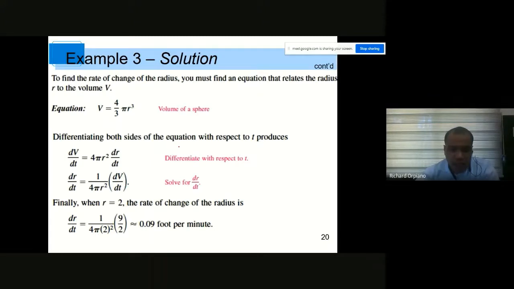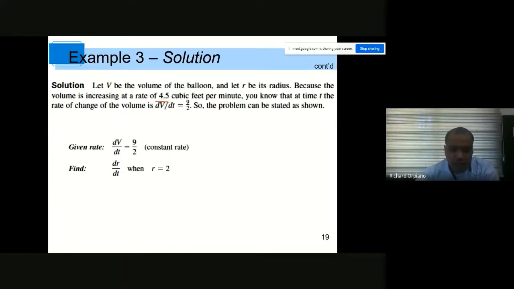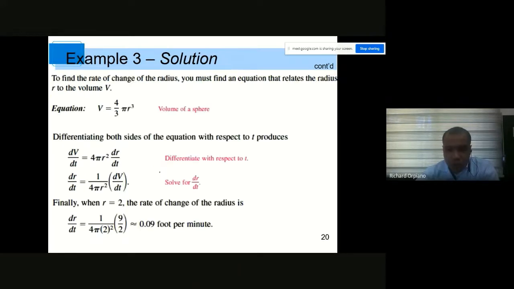Find dr/dt when r is equal to 2. Since it is a spherical balloon, the volume of a sphere is 4 over 3 pi r cubed. Okay, from here, we will differentiate, get the derivative. So dV/dt, from 4 over 3 pi r cubed.